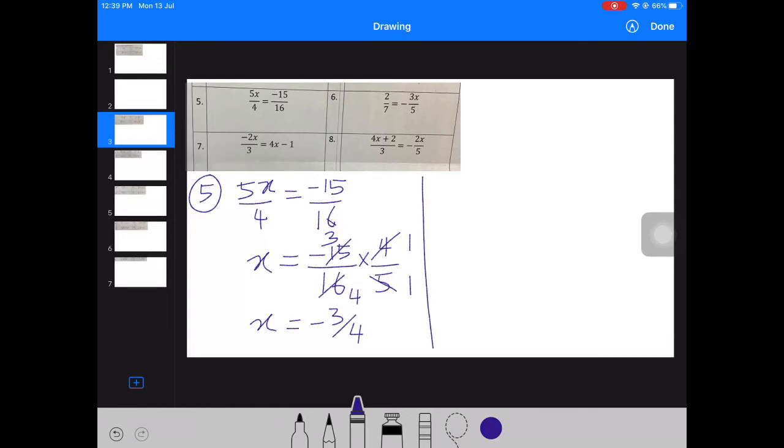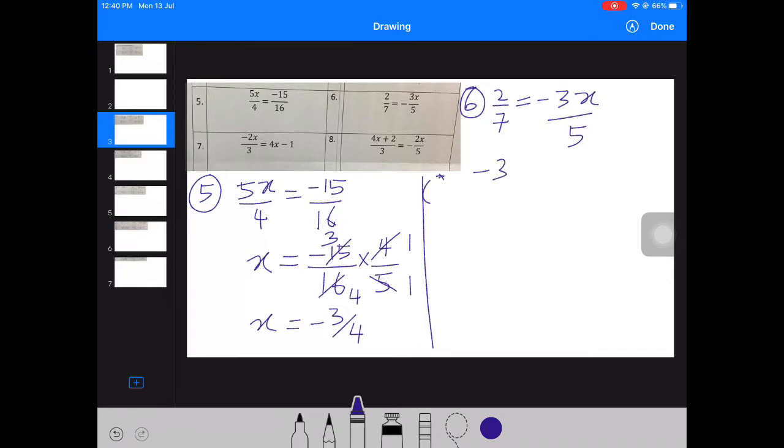Alright, number 6. Let me do it here. Number 6, we have 2 over 7 equals negative 3x over 5. So single fraction on the left and single fraction on the right. Now x is on the right. You can bring everything to the left.